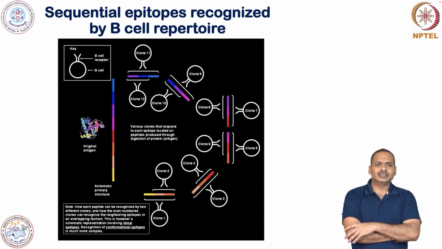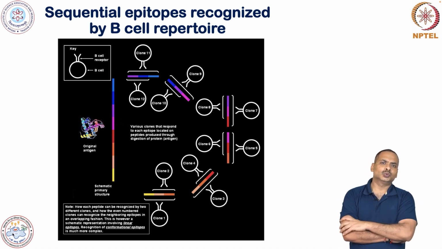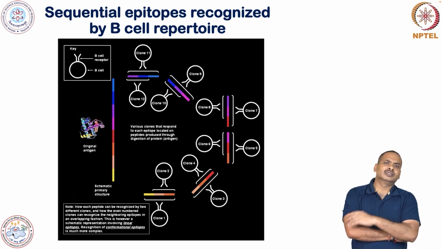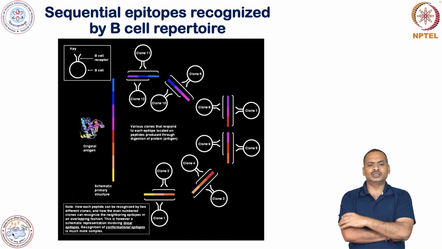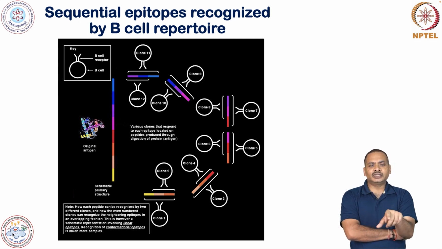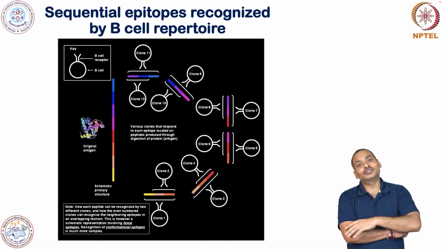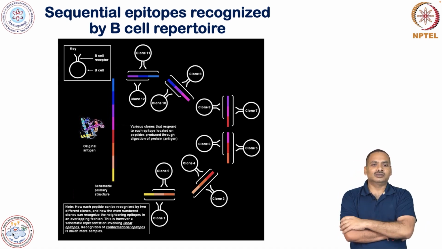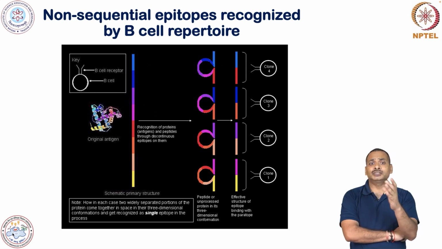So, the clone 1 can recognize this yellow and little orange color and darker orange color. So, this is a sequential epitope. If you see the various clones 1, 2, 3, 4, 5, 6, 7, 8, they are basically recognizing the sequence of this protein. Okay, and if you see the other structure here, you can see there is a non-sequential epitope.